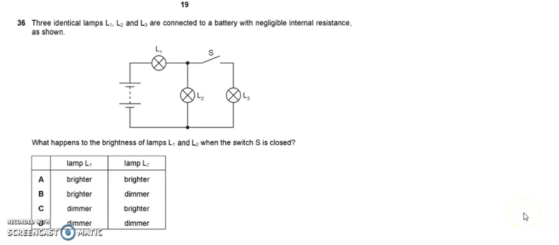For question 36, it is easier to solve by assuming that the resistance of the lamp when cold, that means when no voltage is applied, is around 100 ohms.